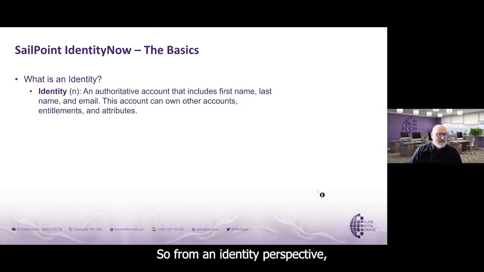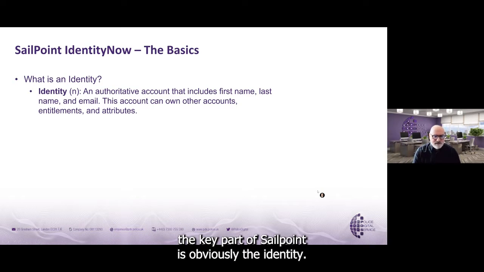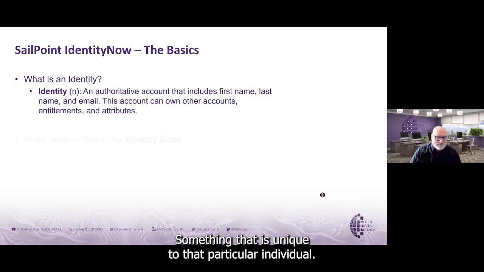So from an identity perspective, the key part of SailPoint is obviously the identity. This is the person, but it's defined within SailPoint as an identity, their name and the email, something that is unique to that particular individual.